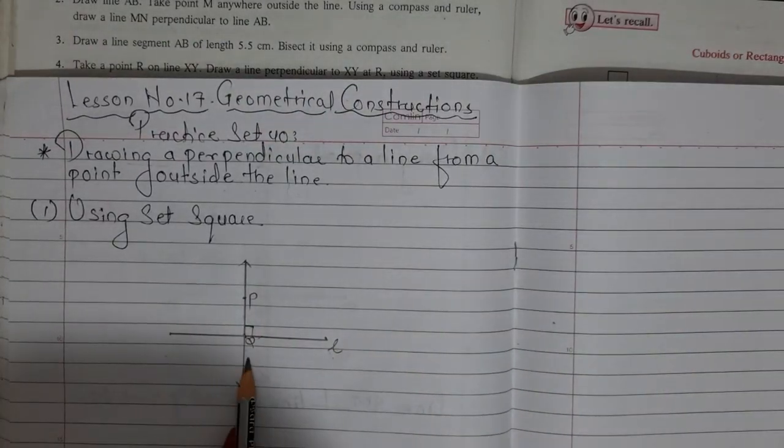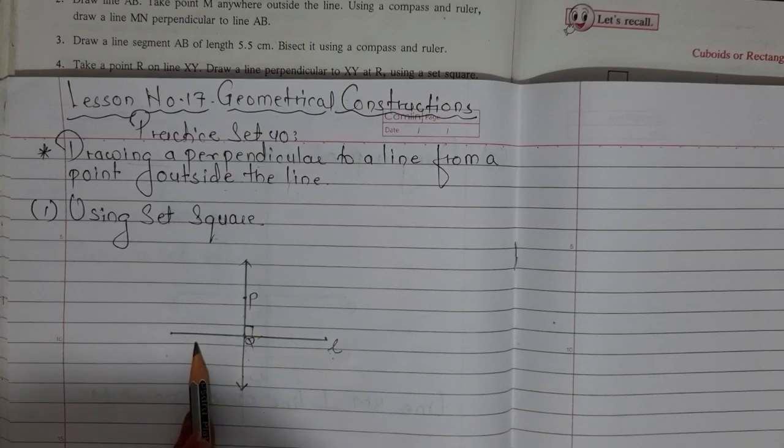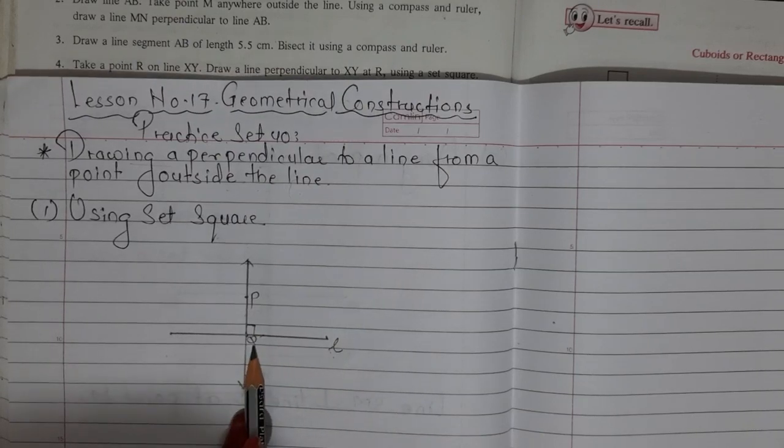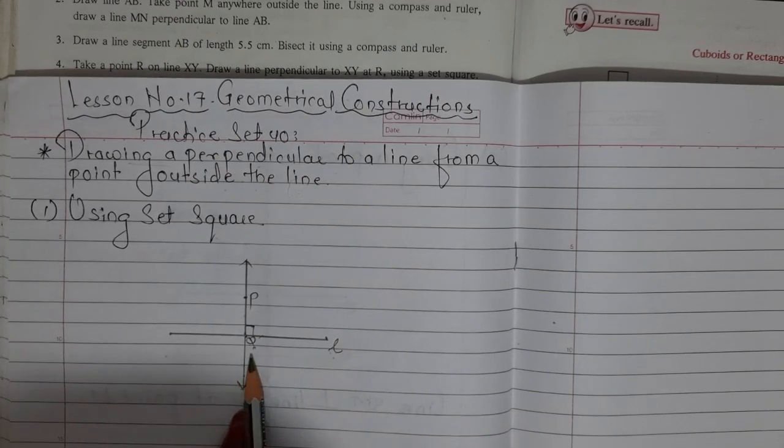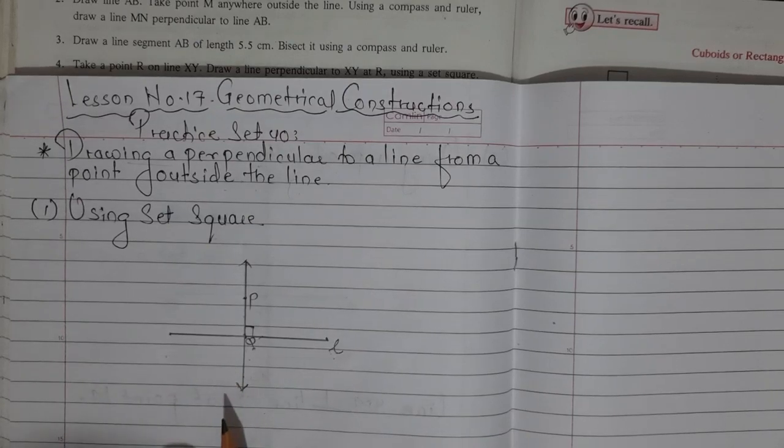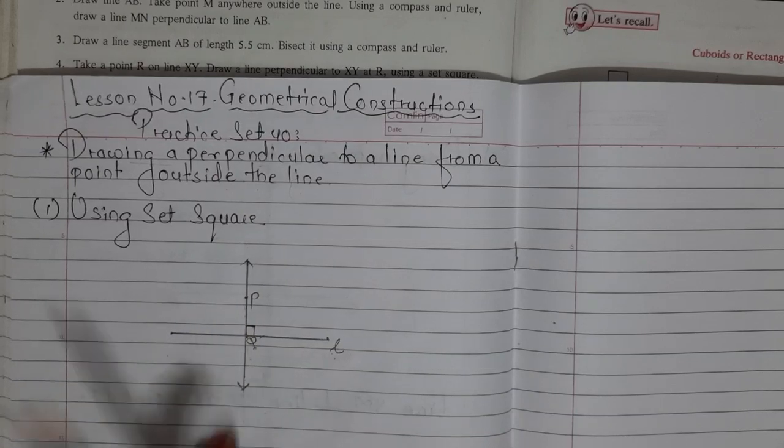So see, line PQ is perpendicular to line L at point Q. In this way you have to draw a perpendicular line by taking point P outside the line L.